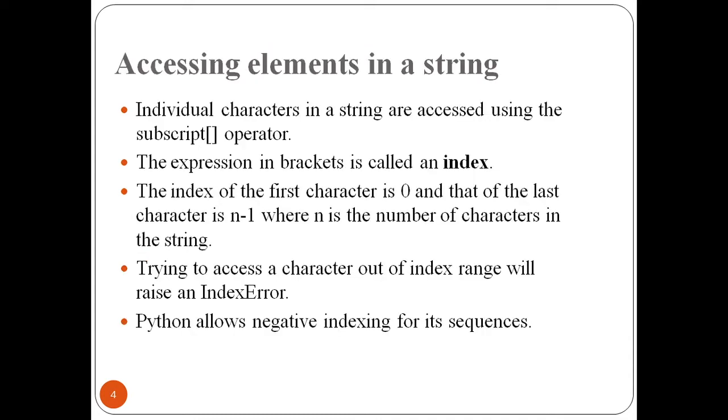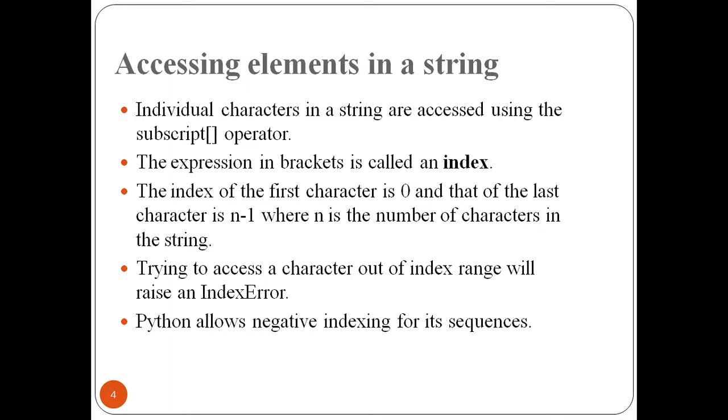Now, accessing elements in a string. You can access the string using the subscript operator, called square brackets. A string can be accessed using the index number. The string index starts with 0 and ends with n minus 1, where n is the length of the string, that is, the number of characters in the string.